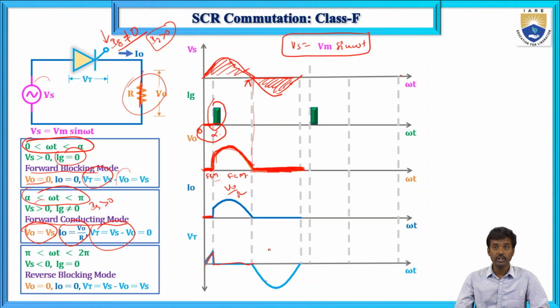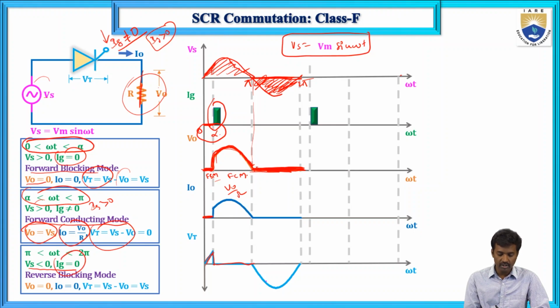Next is reverse bias, which is important. We are turning off this SCR under natural commutation. Automatically it will turn off, and it does not require any external components. From pi to 2 pi, Vs is less than 0, which means we are giving reverse potential, and Ig is 0.